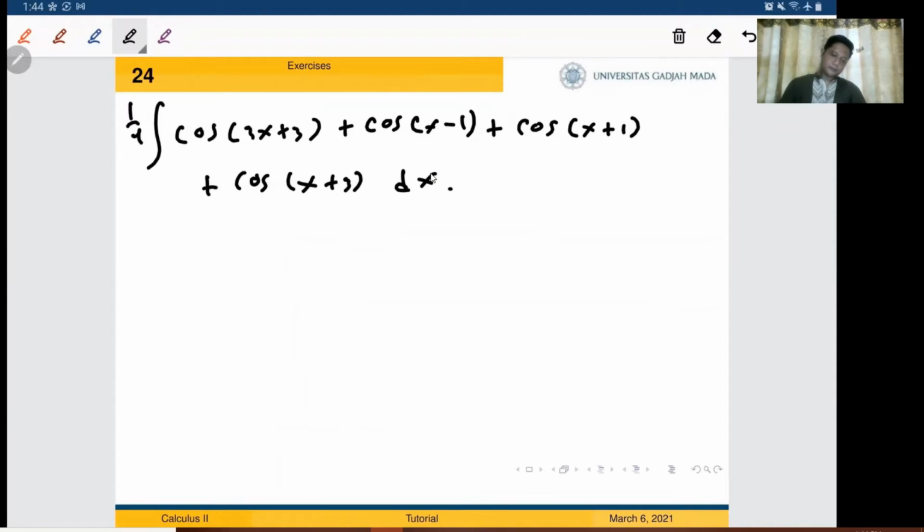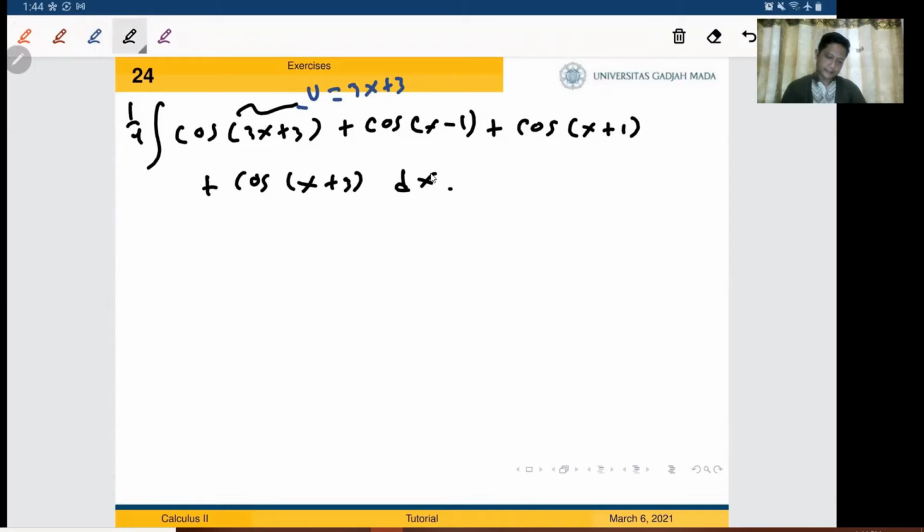It looks like the standard form, but here we see 3x plus 3. But I think we will do everything with the same idea. The idea is we try to substitute everything here, maybe with u, whatever, 3x plus 3, correct?